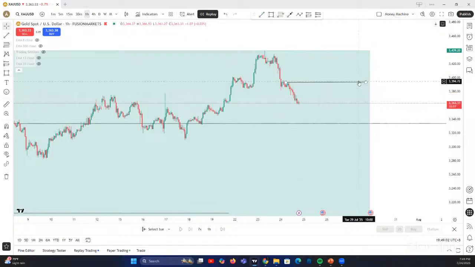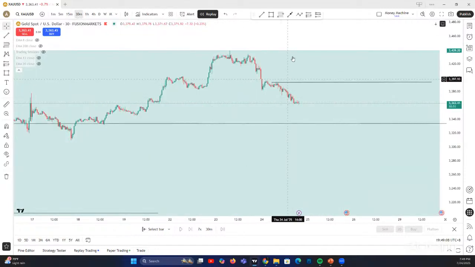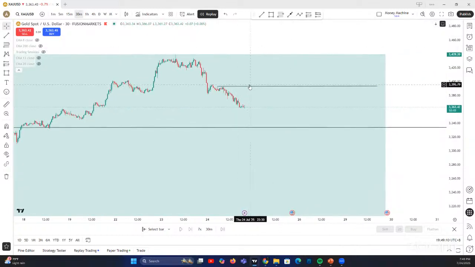At this price, 3394, it could go because we are in a 1 hour. In the 30-minute, yes, it's still the same. This is where you should buy here. And then there will be an FVG here. Price will go there. It will pull back to that FVG or order block, and you enter from there.